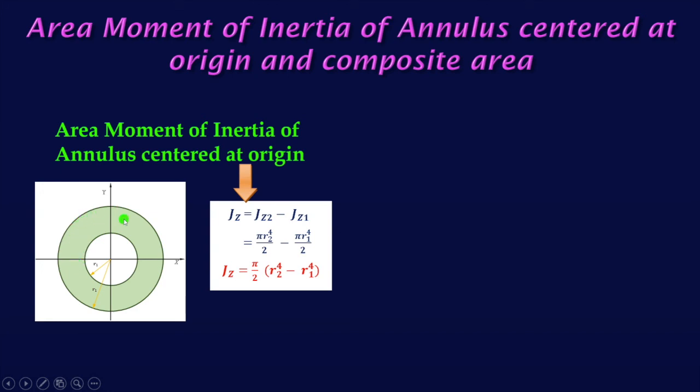So for this shaded part, it can be considered the moment of inertia of the entire section minus the moment of inertia of this hollow part. So Jz equals Jz2 for the external portion minus Jz1 for the internal portion. So subtract this and get this. This is the area moment of inertia of this annular section.